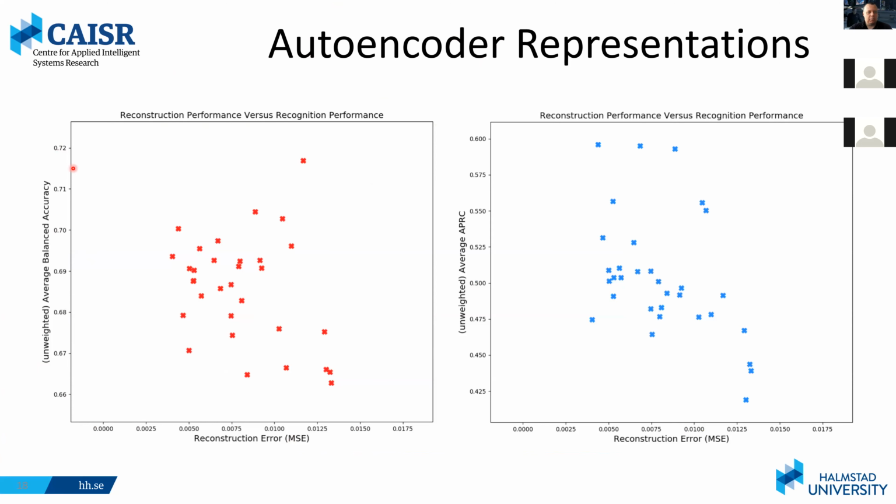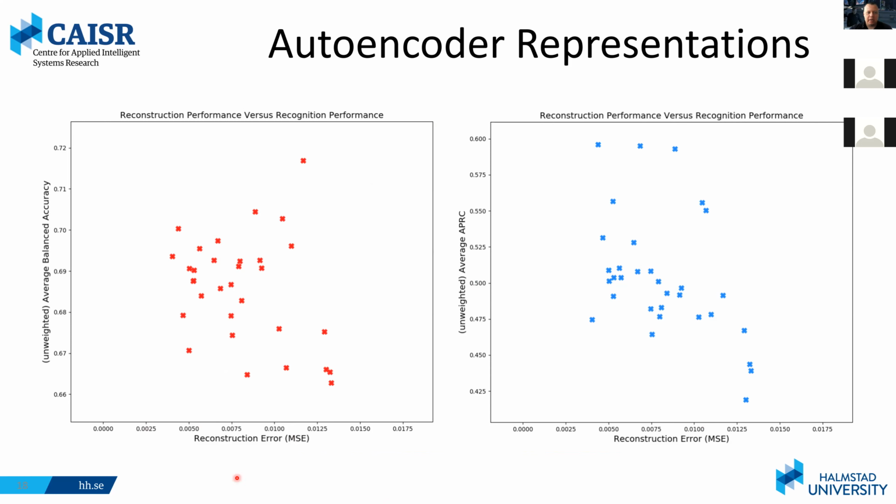And surprisingly enough, it turns out that there is basically no correlation between the reconstruction error and the accuracy you are getting. You would want to imagine that if you can train a better autoencoder, it will lead to better classification. But it's not quite that simple.